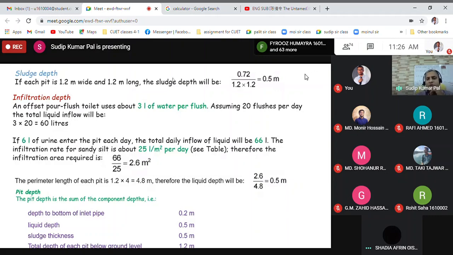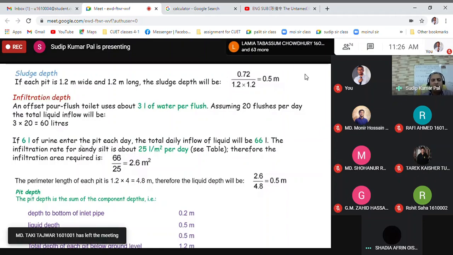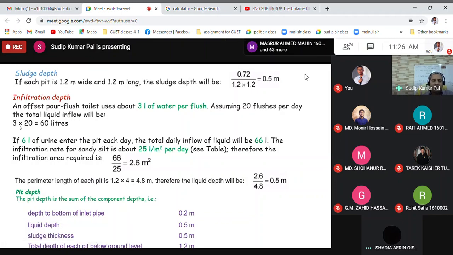If I assume 20 flushes per day for all 6 people using the toilet, it becomes 60 liters. And 6 liter of urine, which means 1 liter per person per day, enters into the pit each day. Then the total daily inflow will be 60 plus 6, so 66.